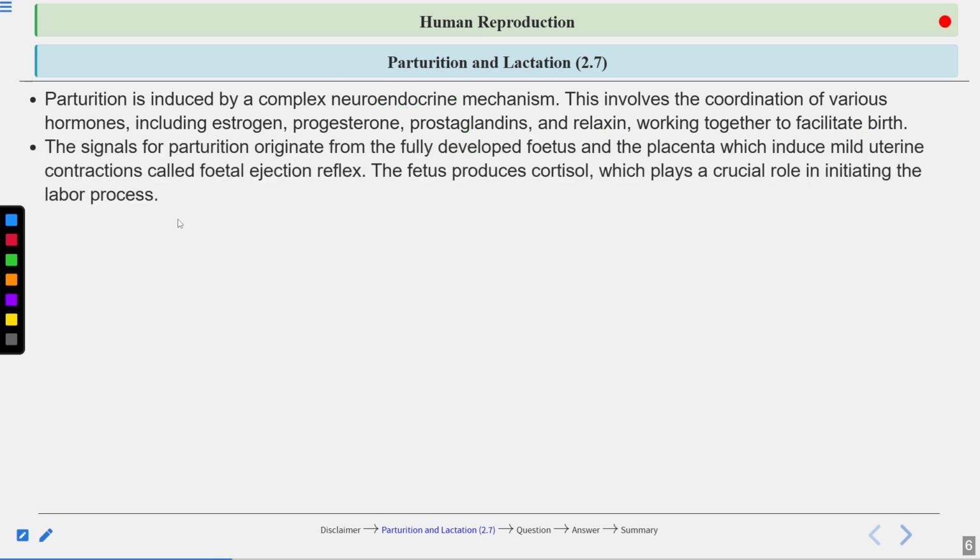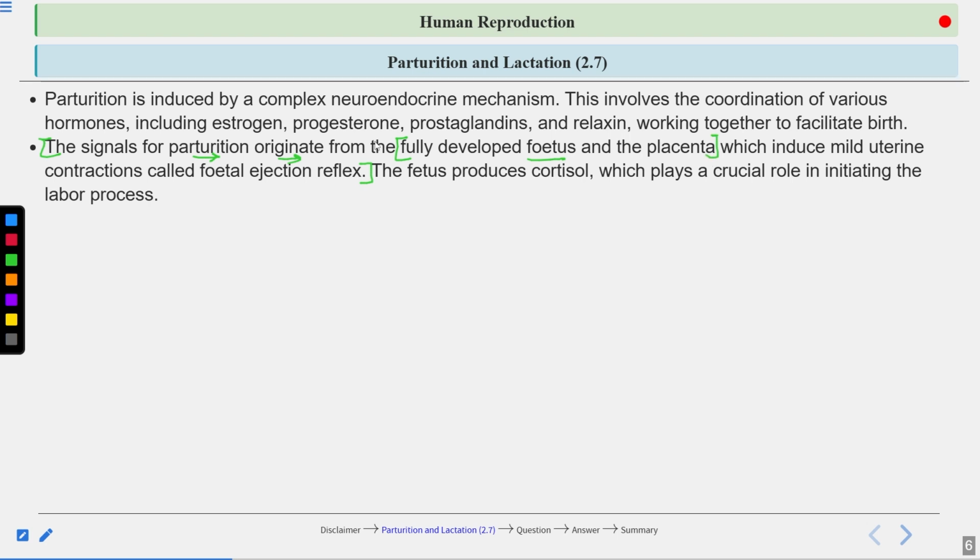Now the signals for parturition originate from the fully developed fetus and the placenta, which induce mild uterine contraction called the fetal ejection reflex. This is a very important point, a question can come from here. The signals for the delivery of the fetus originate from the fully developed fetus and the placenta.